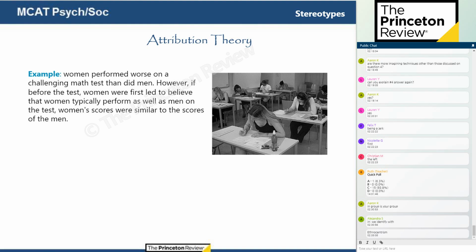So here's an example. Women perform worse on a math test than did men. However, if before the test women were led to believe women typically perform as well as men on the test, guess what? They do.